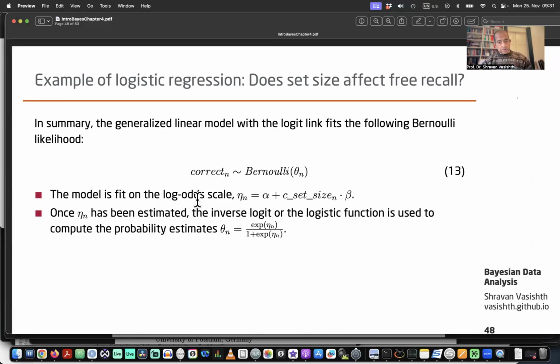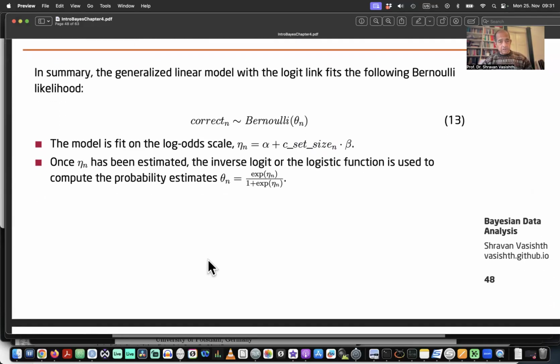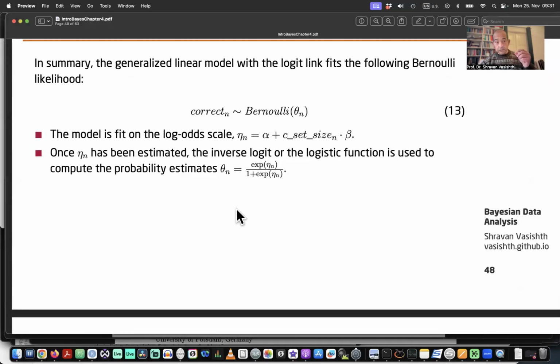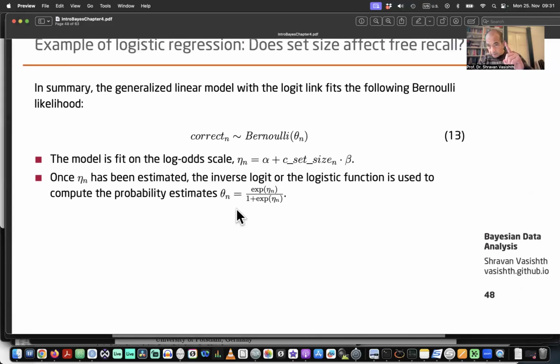And so the model is being fit on the log odds scale. And once we've estimated the log odds value for any possible value of the centered set size, we can back transform to get the estimated probability value. So we will get a posterior distribution. This is the amazing thing in the Bayesian framework. We are going to get a posterior distribution on theta for every possible value of the centered set size.